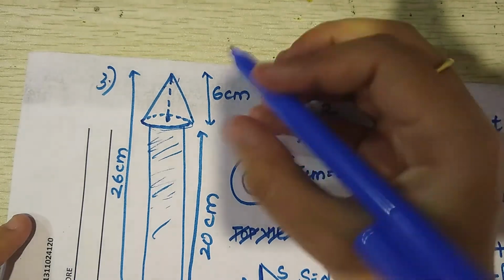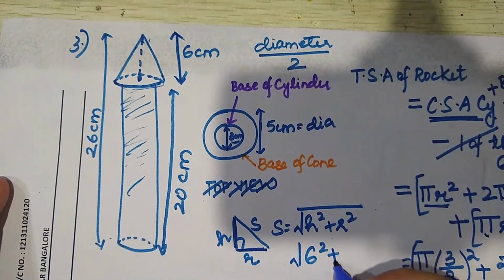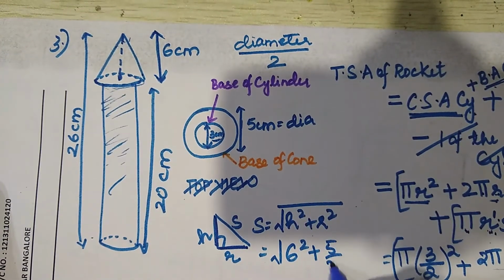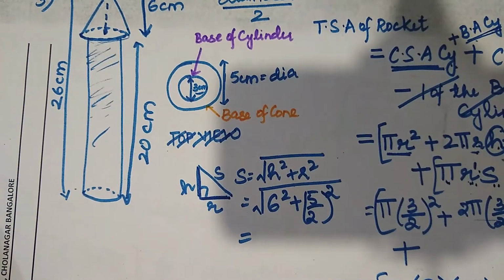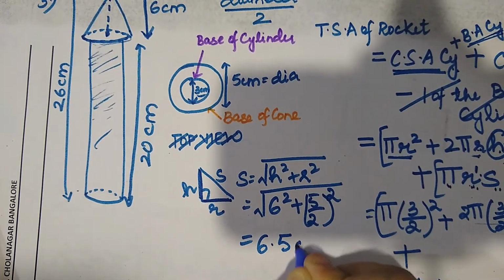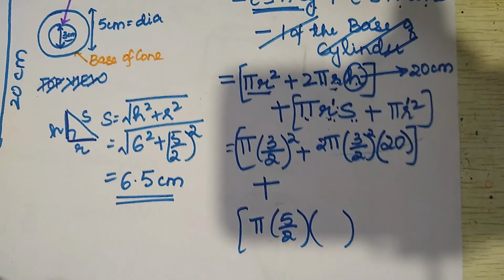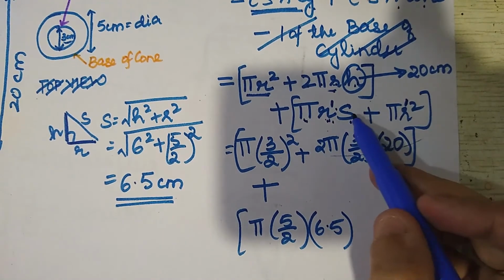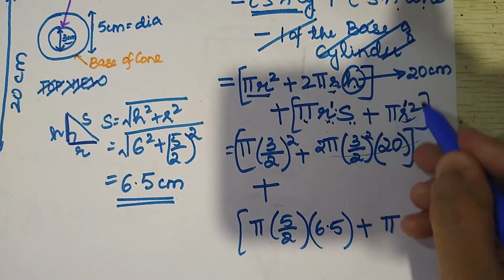In this case, the h is your 6, so it will be 6 square plus, what is your r? You just calculated it, 5 divided by 2. By calculating this, you should get around 6.5 centimeters. So this 6.5 centimeter will have to be put into the formula here. So that is also done, plus pi into this r dash square.